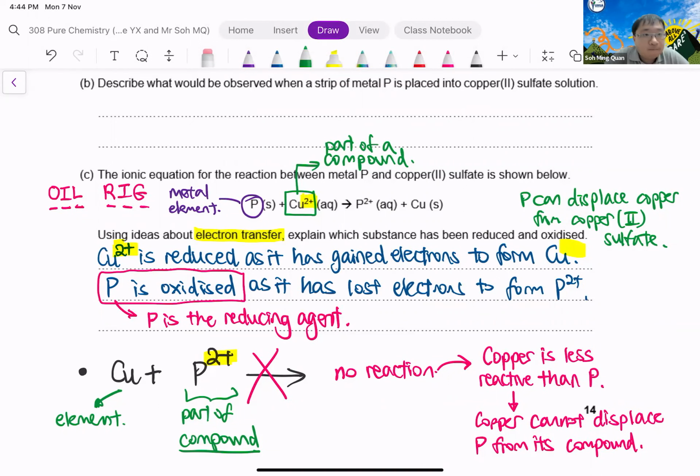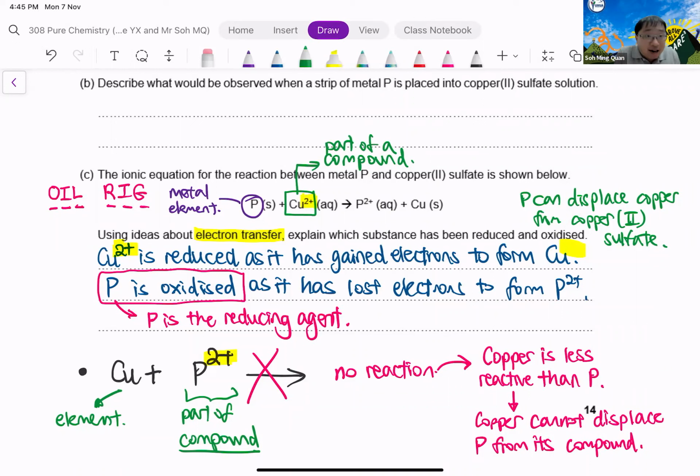Okay. So you need to recognize this. Okay. So the reverse, when you use copper with the aqueous solution of P, it's not going to work. It's no reaction because copper cannot displace P from its compound.